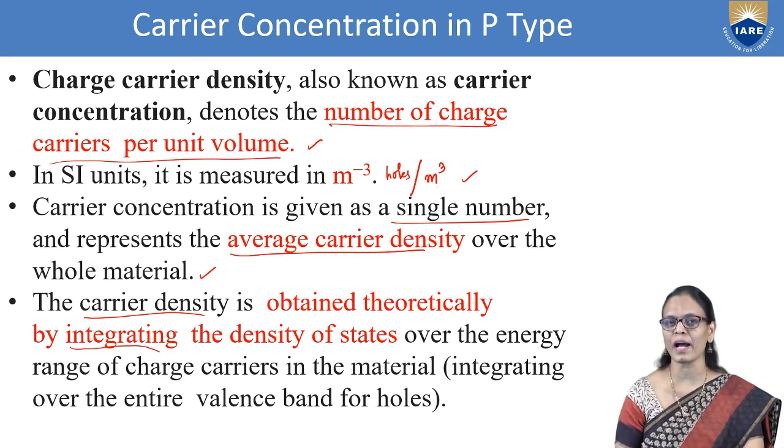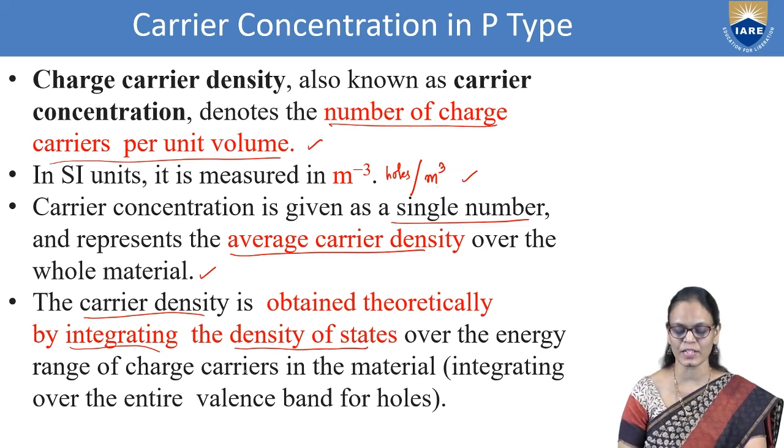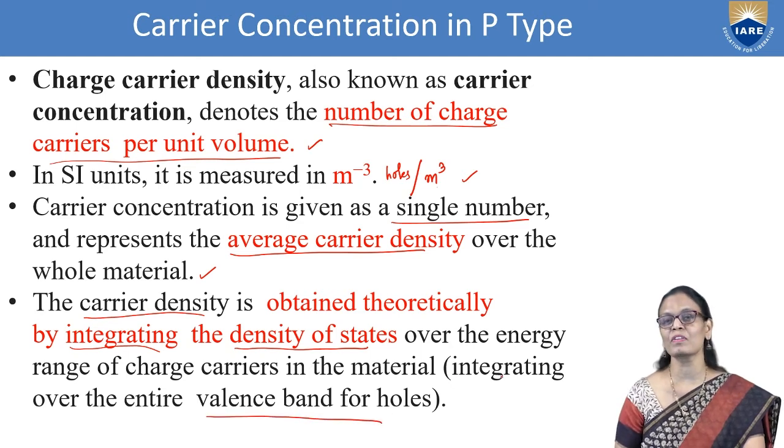We are going to take the density of states over the energy range of charge carriers in the material. Here we are talking about holes which lie in the valence band, so we will be integrating over the energies in the entire valence band. That is the meaning of doing it theoretically.